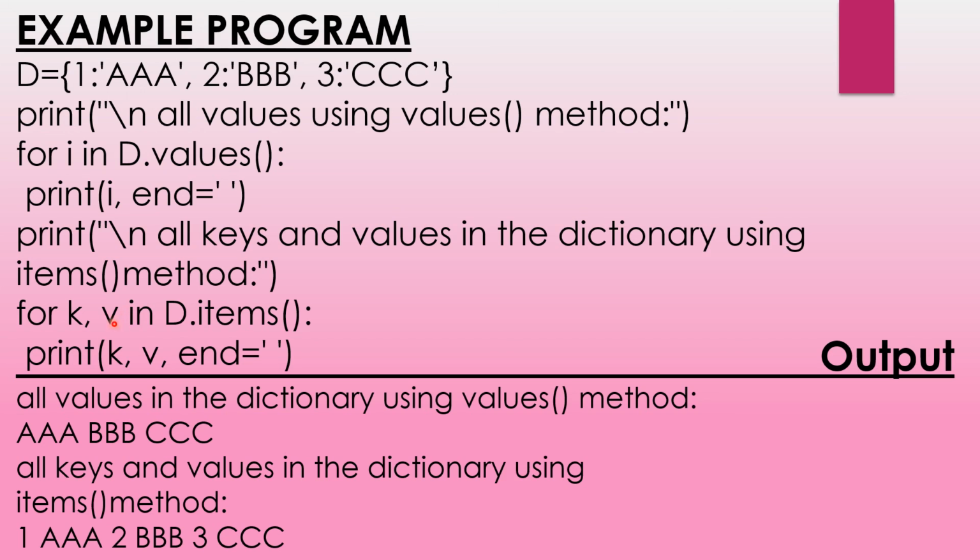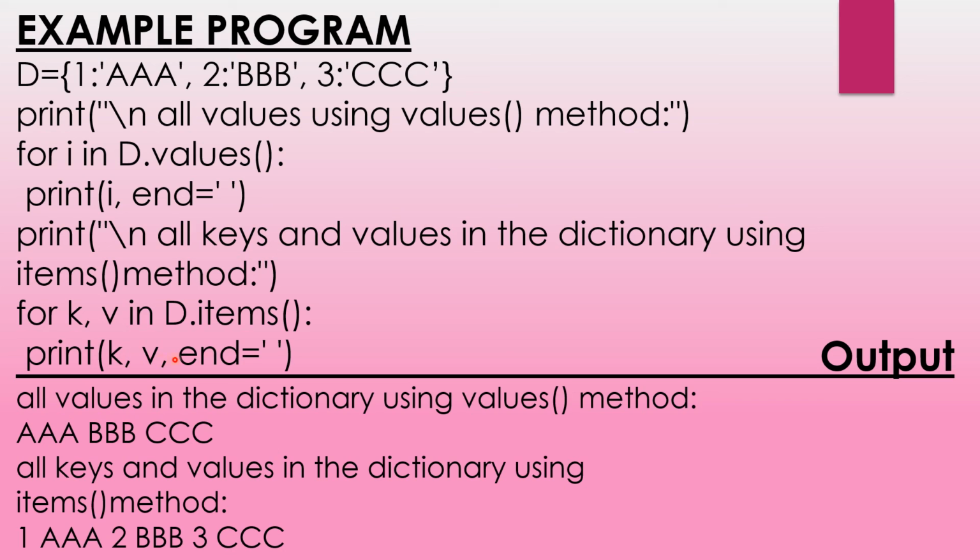You can take any variable, as we have taken here k and v, you can take a comma b instead, but you have to write it in the print also. So here we have written k for key and v for value. So this items method is used.